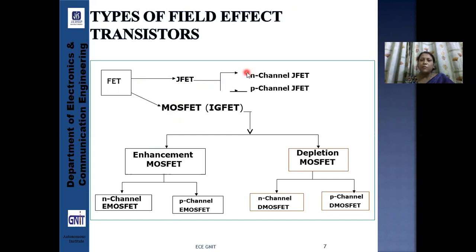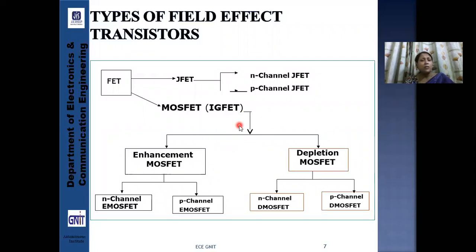JFET can be further classified as N-channel JFET and P-channel JFET. This we will study in this lecture. And then another type is MOSFET, metal oxide semiconductor field effect transistor. Another name for this MOSFET is IGFET, the full form of which is insulated gate field effect transistor.